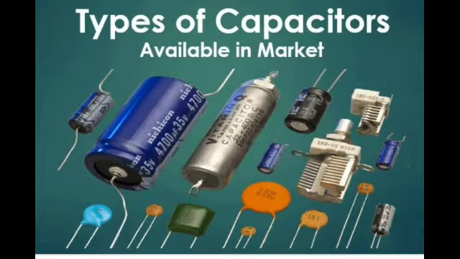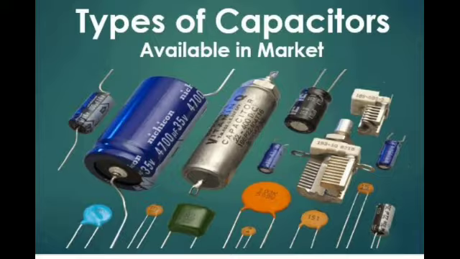Next, capacitor. Capacitor is a device used to store electric charge and electrical energy. It consists of two conducting objects, usually plates or sheets, separated by some distance. Capacitors are widely used in many electronic circuits and have applications in many areas of science and technology.